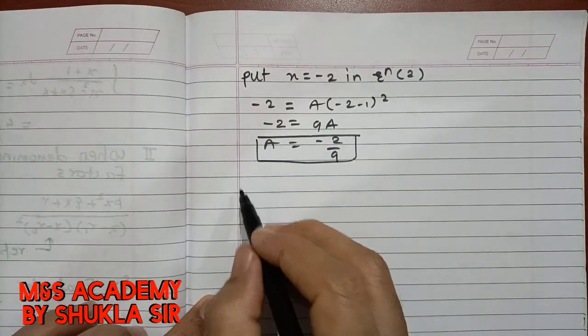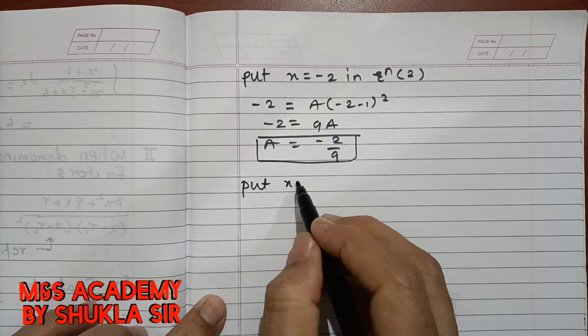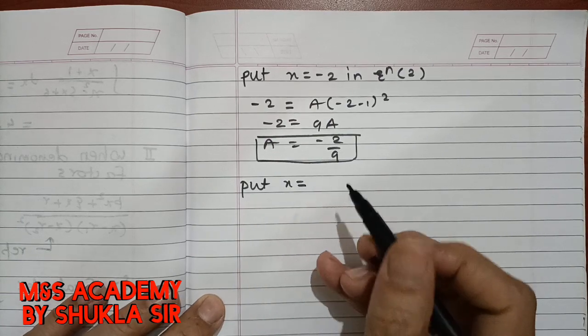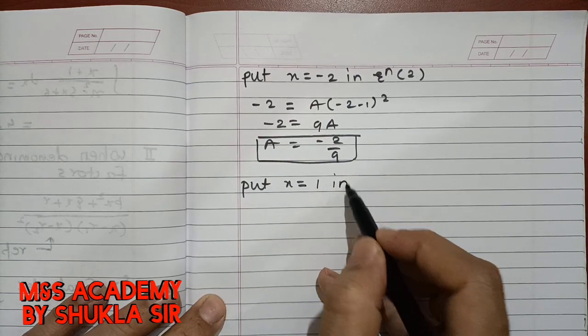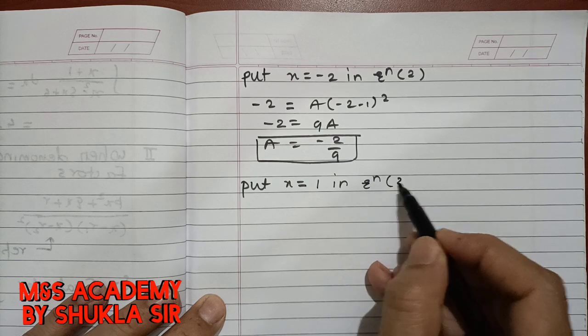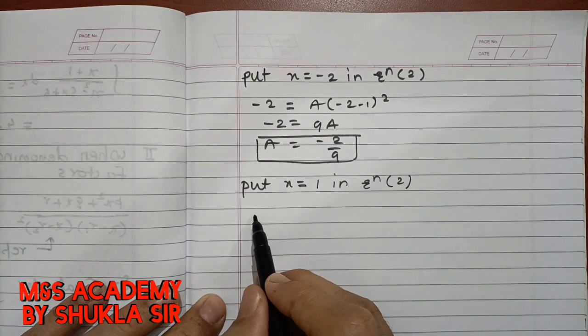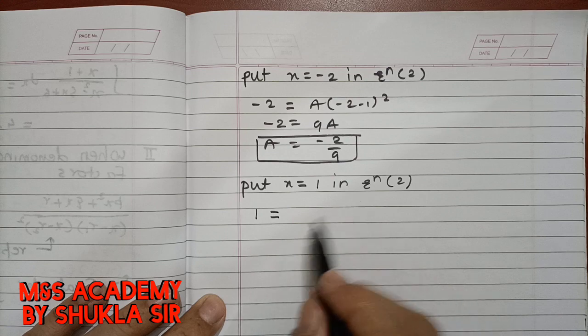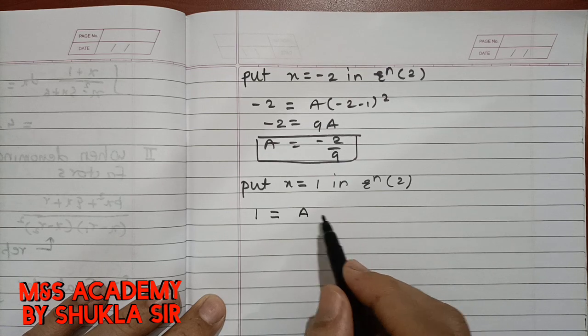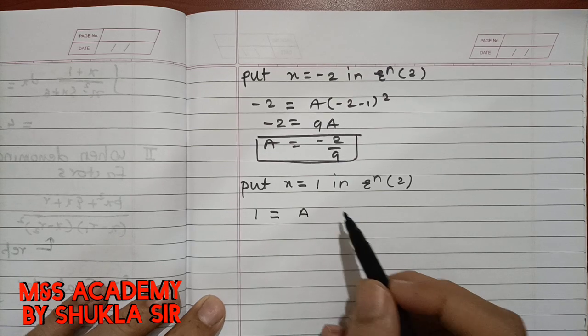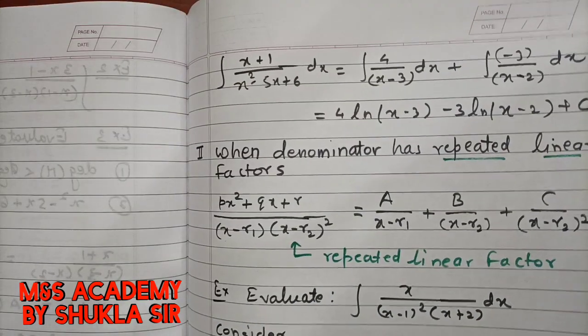Next, put x is equal to 1 in equation 2. So 1 is equal to a times, but 1 minus 1 is 0, no need to substitute.